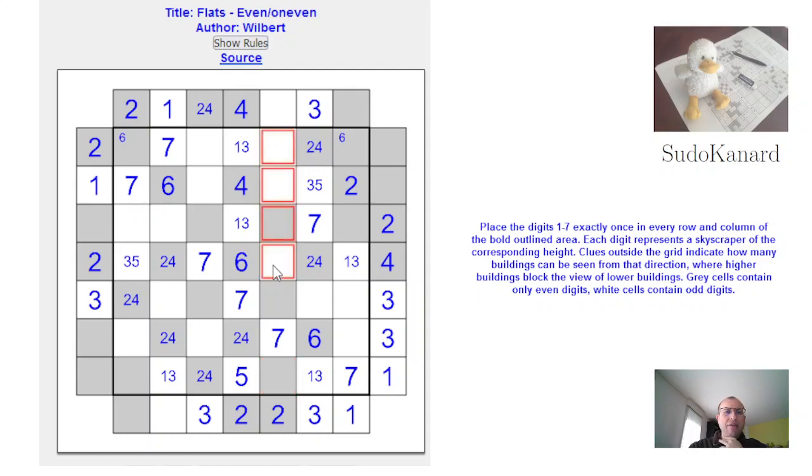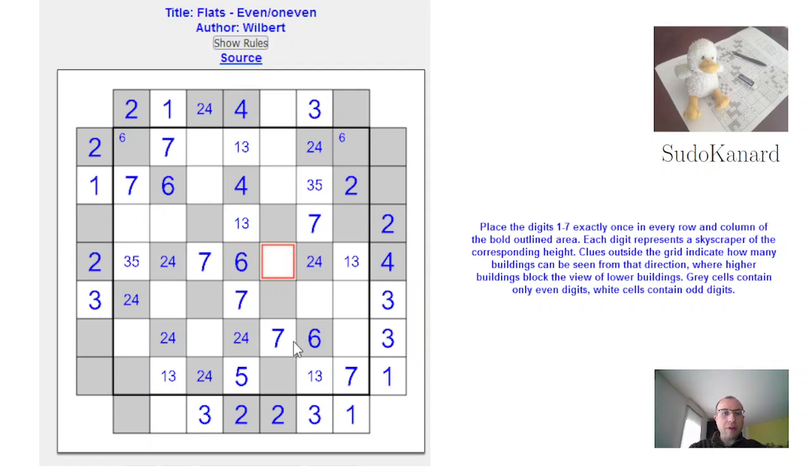I'm seeing that 5 is somewhere in here anyway. Would 5 here work? With the 6 here it would. With a 3 in there. 5 here would work with a 6 in between, that would be a 3. 5 here.